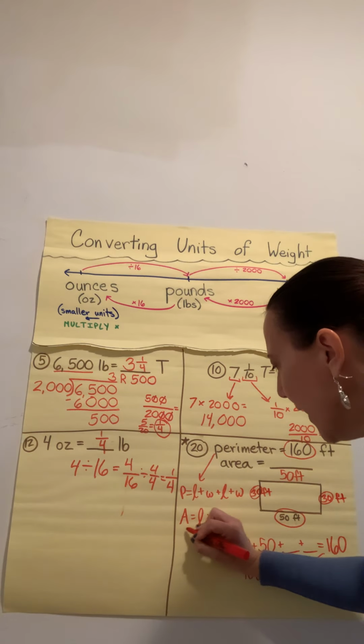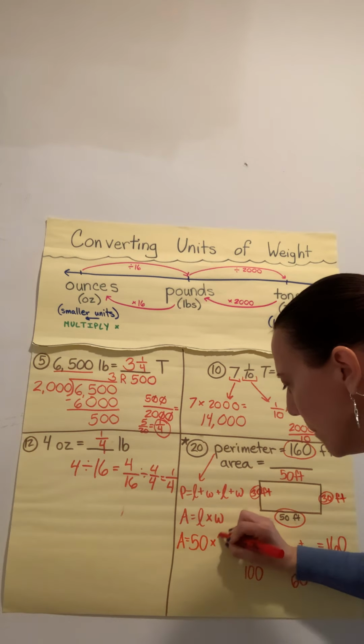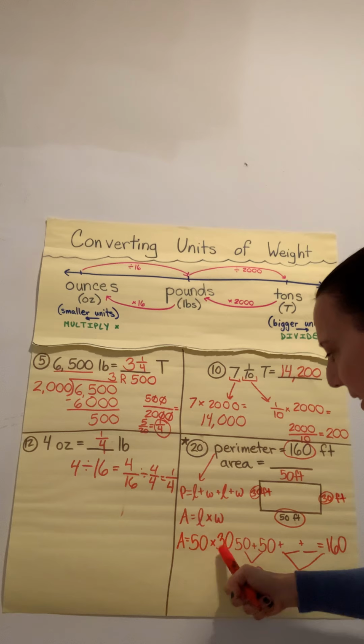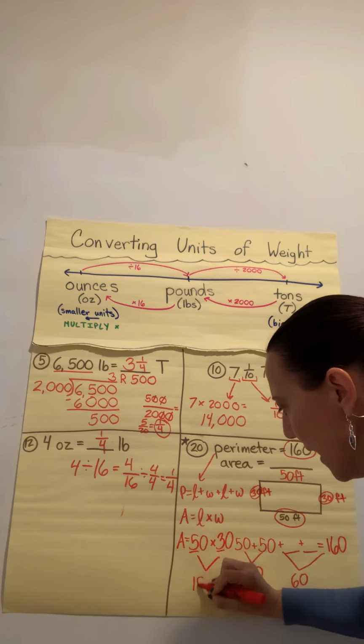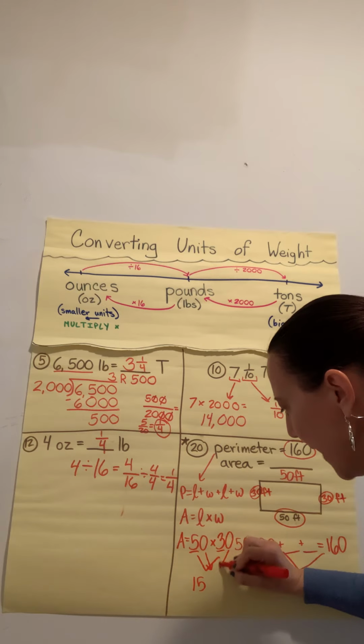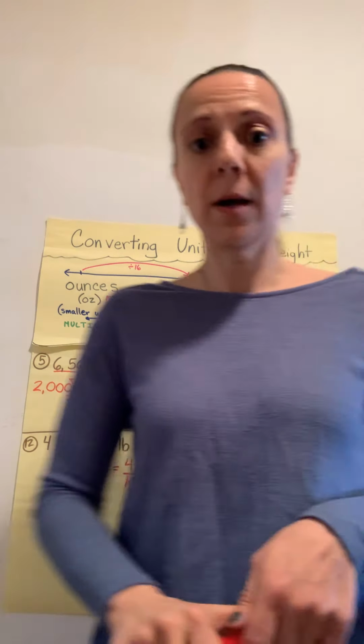So to get the area, I can do 50 times 30. Oh, that's easy, because I'm really using my base fact, 5 times 3 is 15, and then I am annexing my 2 zeros. So it looks like my number is 1,500. Let me think about the unit. This is area.